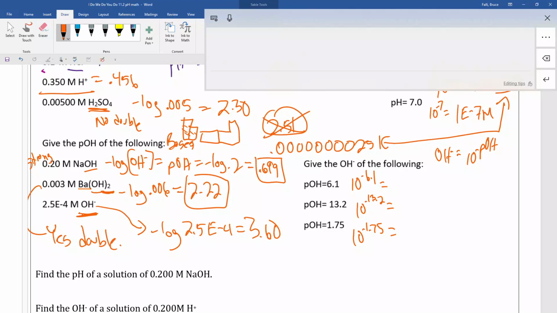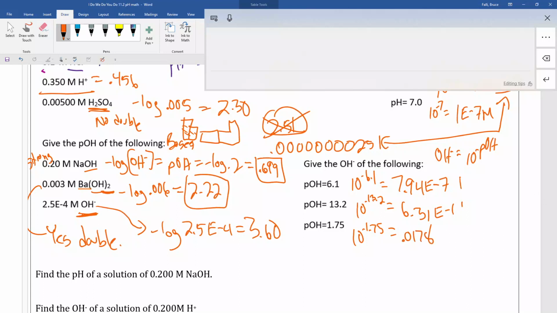Second log negative 6.1, 7.94 E negative 7. Second log negative 13.2 is 6.31 E negative 14. Second log negative 1.75 is 0.0178.